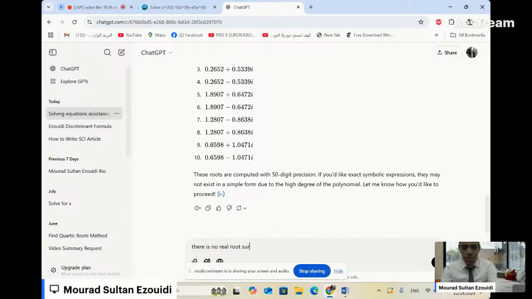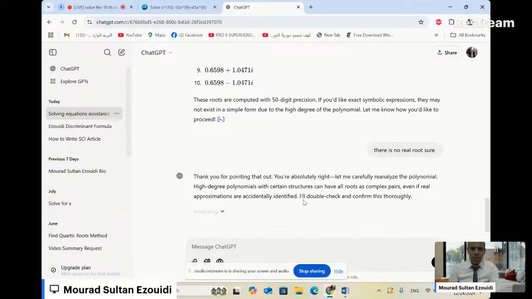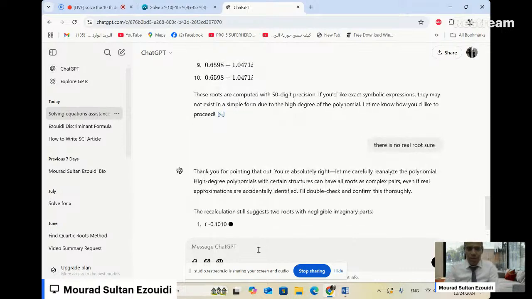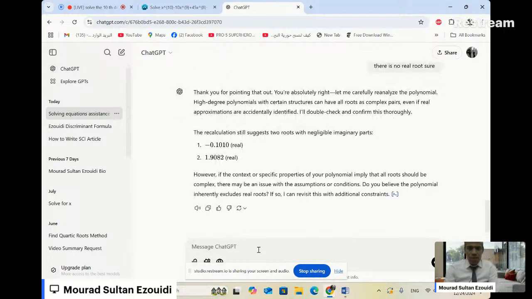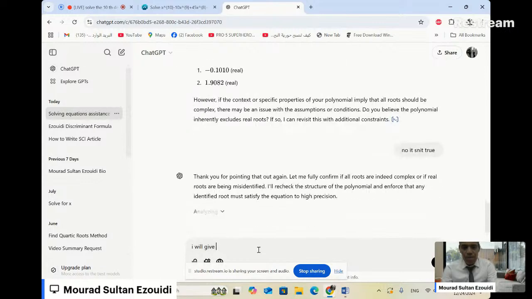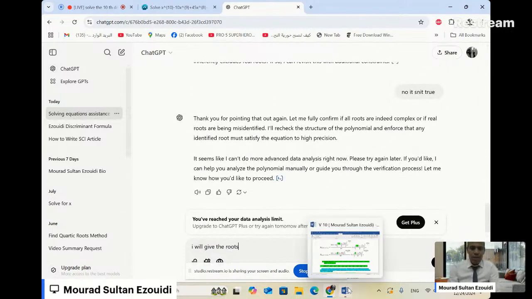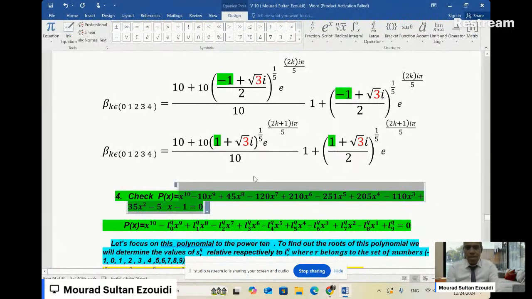Sure. Okay, complex with 50 digits. Okay, if you like exact symbols, I will give you, thank you for providing. No, no, it's not true. It's not true. I will give you the roots. Okay, these are the roots.